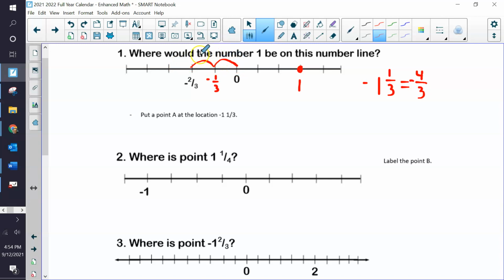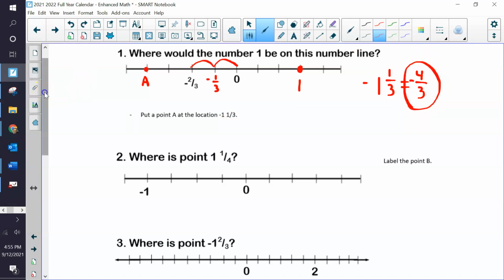So -1 and 1/3: -1/3, -2/3, -3/3, which is -1 right here, and then -4/3 would be right here. So if I know I'm counting by thirds, then I can just either positive or negative count by thirds to get to where I want to go. If it's -1 and 1/3, make an improper fraction out of it so that we know where to stop.